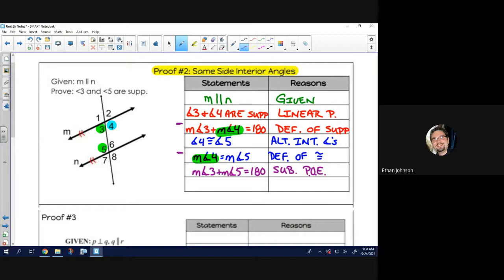So we technically have a vocab word here. We have two angles that add up to equal 180 degrees. Well, whenever two angles add up to 180 degrees, that means they are supplementary. So I can say angle 3 and angle 5 are supplementary. That would be definition of supplementary.